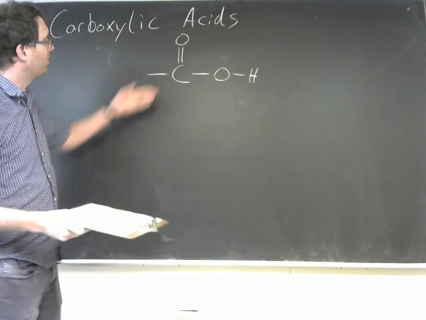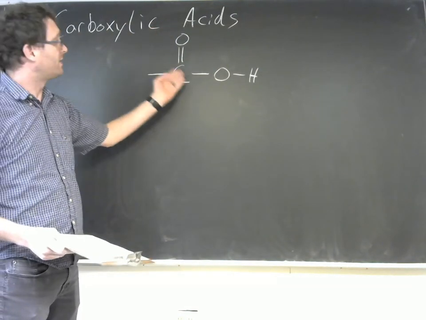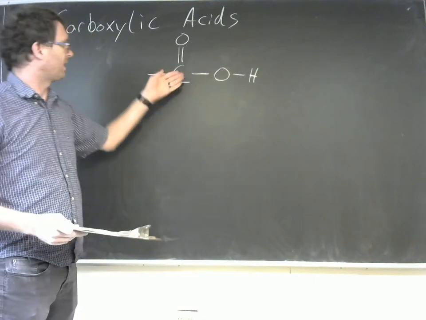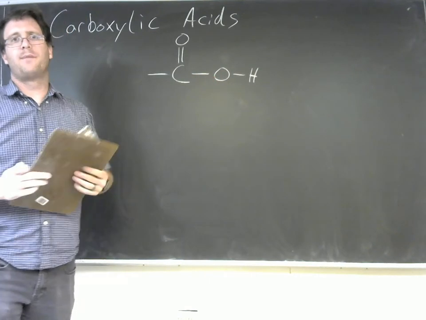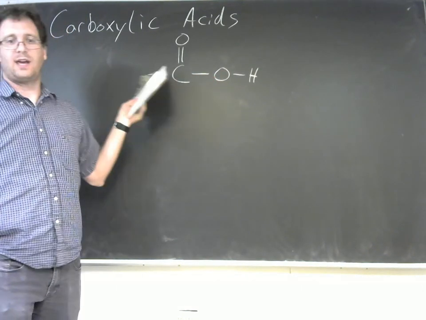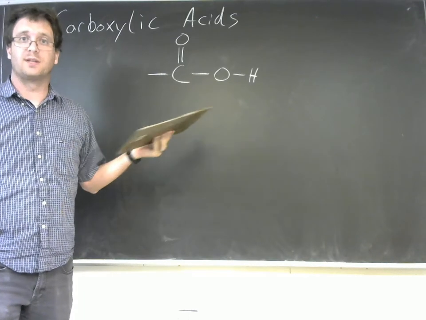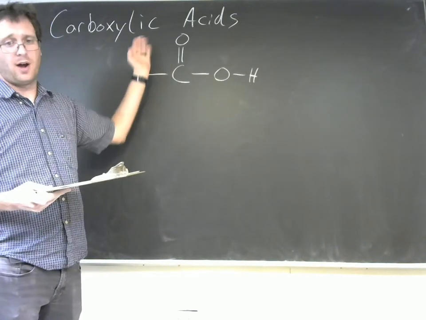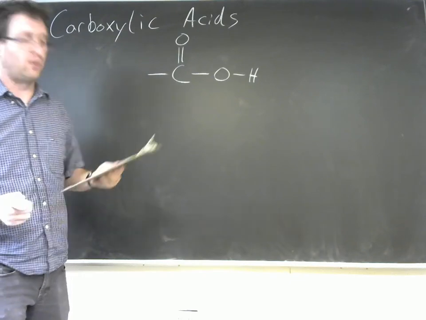So it looks sort of like a carbonyl together with an alcohol. Maybe it's like an aldehyde and an alcohol. The reality is that carboxylic acids have very different chemical properties from an aldehyde or an alcohol, and so we just call it its own functional group.